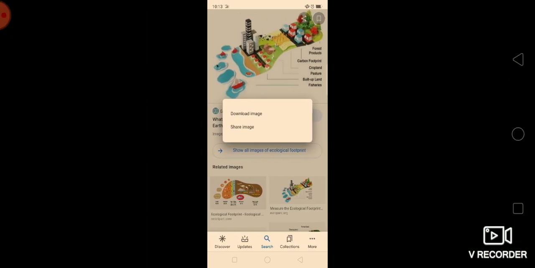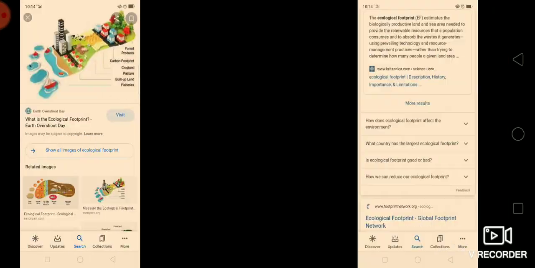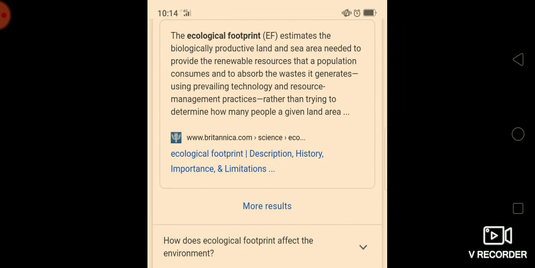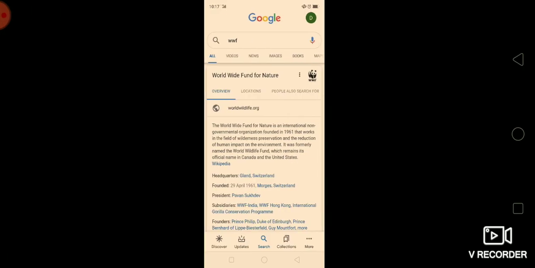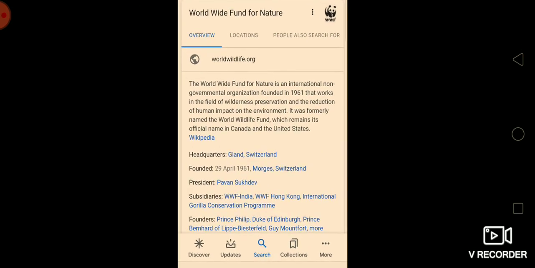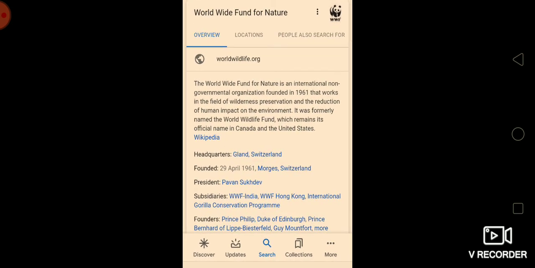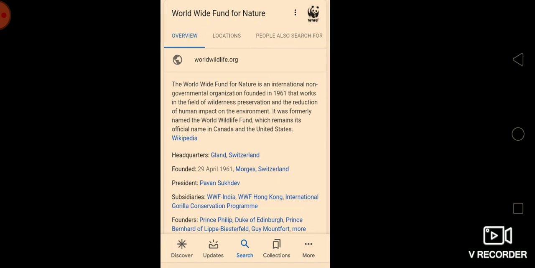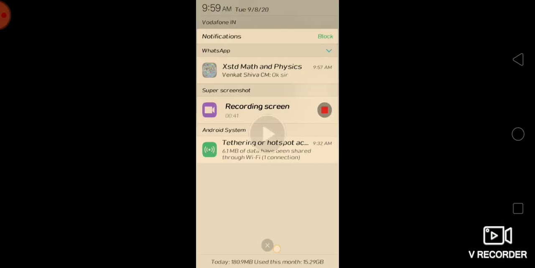Then the introduction part of the ecological footprint we have studied. Then about the World Wide Fund for Nature. Understood? We have studied when it was established and all.